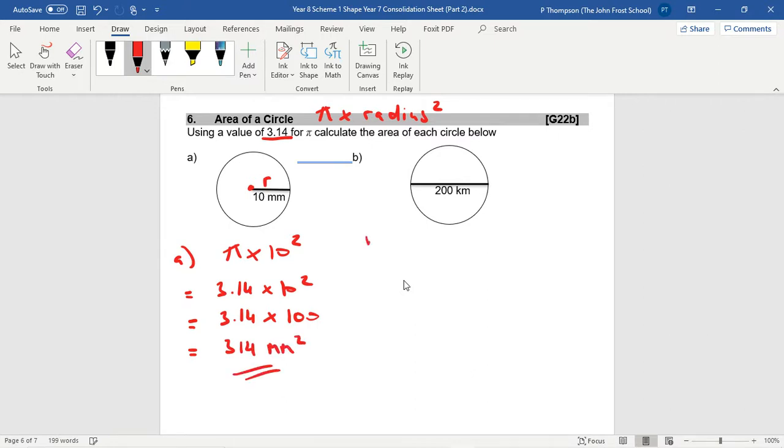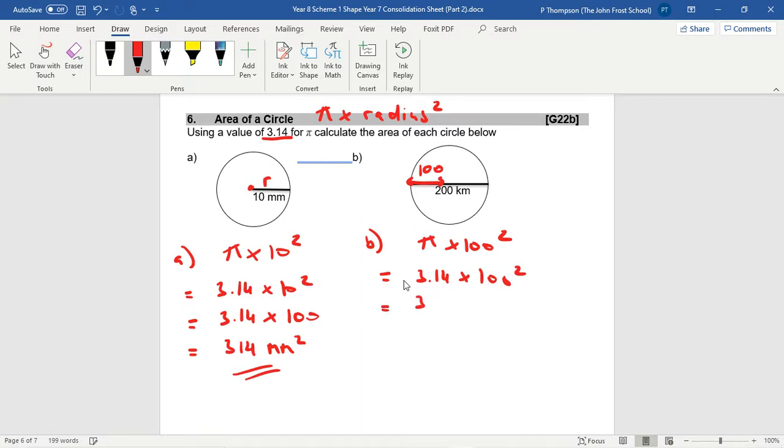millimeter squares. Part B, careful with this one, okay? You wouldn't do pi times 200 squared, okay? Because 200 is the whole thing, that's the diameter. The radius here, okay, is halfway across, which is going to be 100. So I've got to do pi times 100 squared, okay, which is 3.14 times 100 squared.